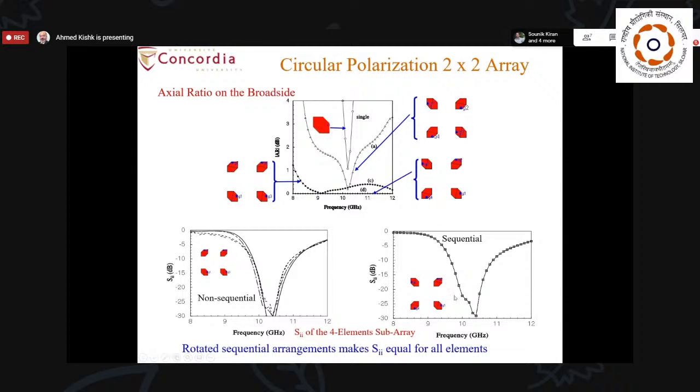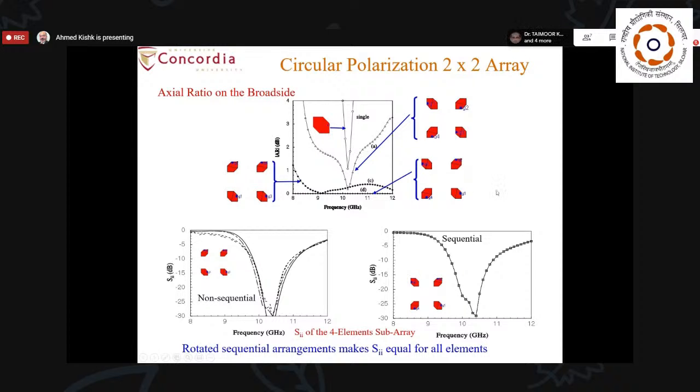You can see that all the elements will have the same input impedance, so all have the same reflection coefficient. Not only that, but also the axial ratio is almost frequency independent. And when I say frequency independent, if you are able to maintain the magnitude and the phase at all frequencies to be the same as at the center frequency, you can have the same performance, and the axial ratio is 0.